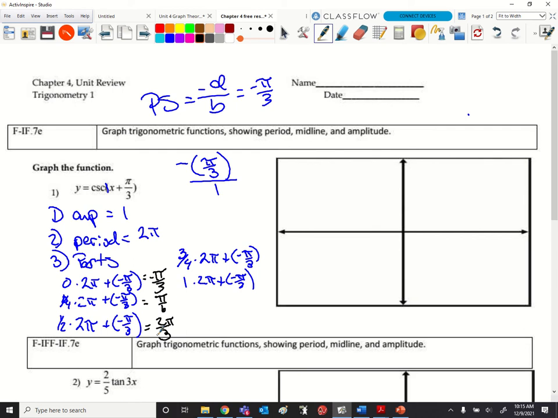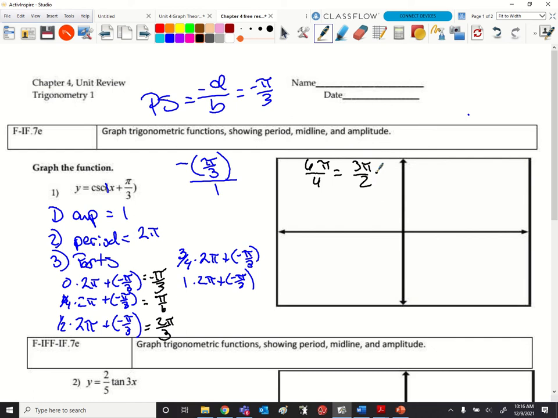Negative. It's not going to be a negative because right here, 1/2 times 2 should be 1, right? Which one are we at? Are we on the 3/4, right? Okay, so that's going to be 6 pi over 4, which is 3 pi over 2.